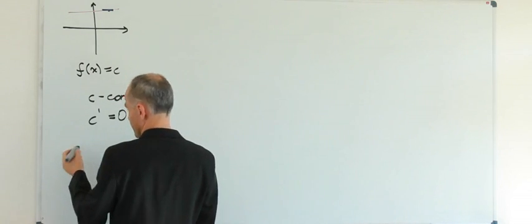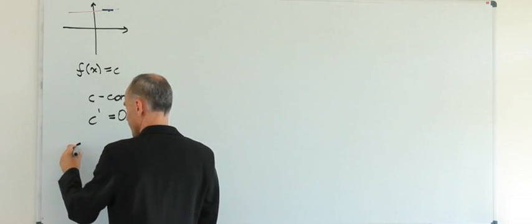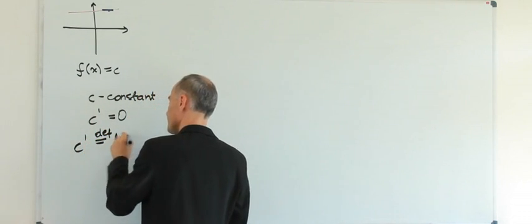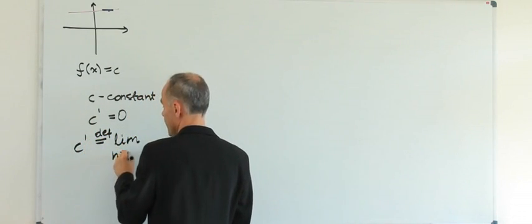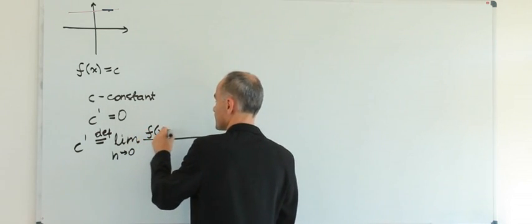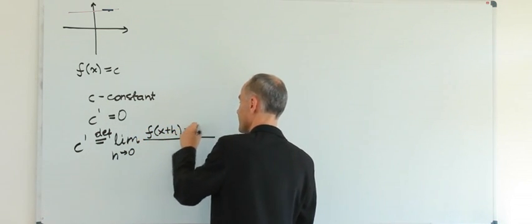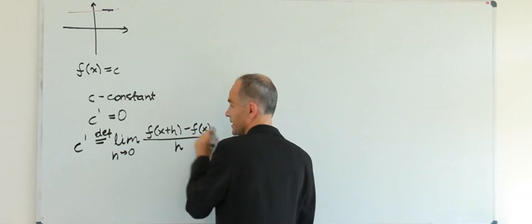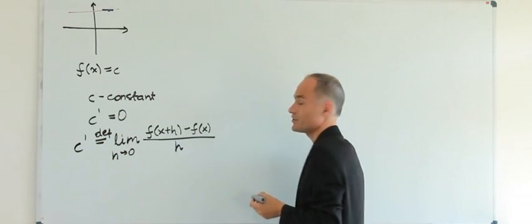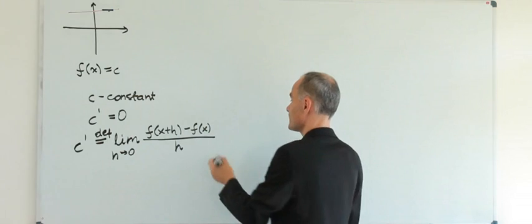So how would we prove this? Well, by definition of the derivative, that was the limit as h goes to 0 of f of x plus h minus f of x divided by h. But in our case, the function f is a constant.